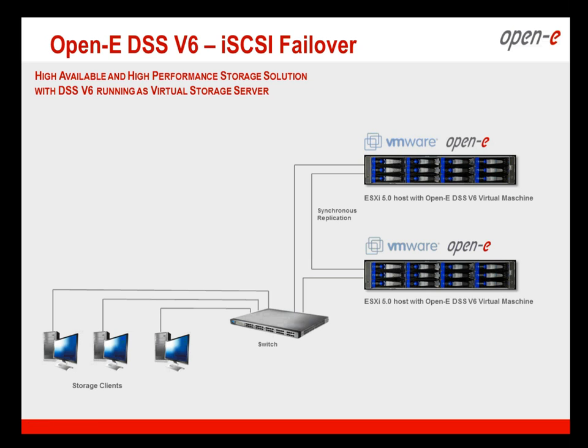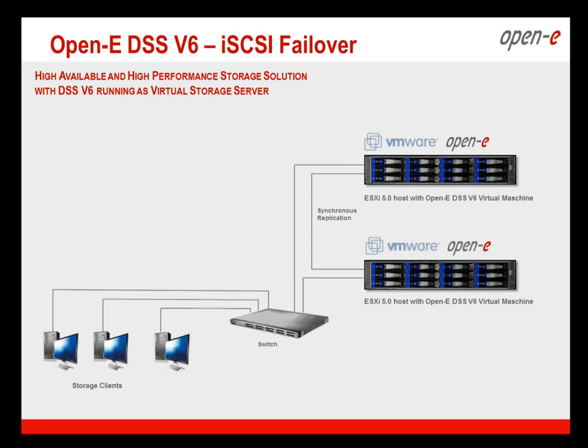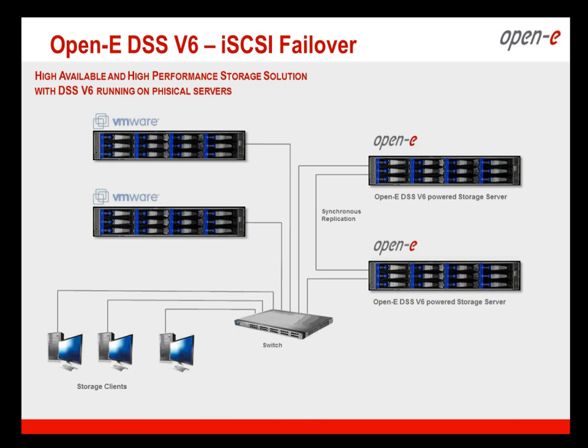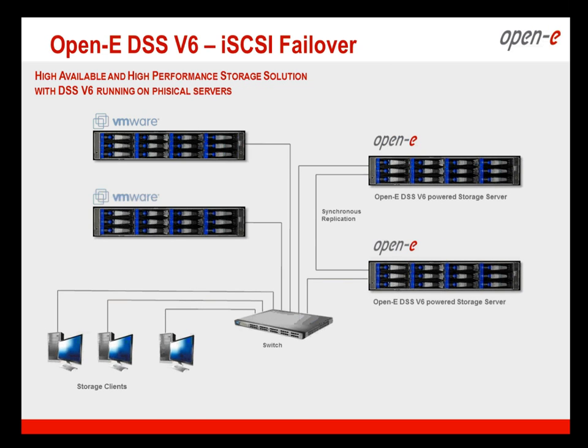So these two DSS machines will behave virtually the same, exactly the same way as here. So we have this on the physical machine, but now we move DSS into VMware and we will run them as virtual machines, but logically everything will be identical. Okay, so that's our goal.